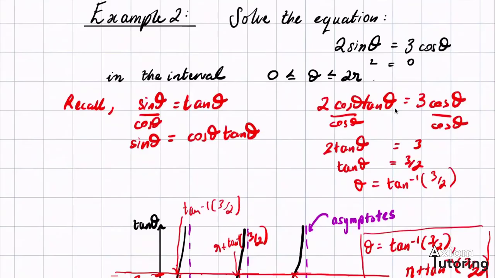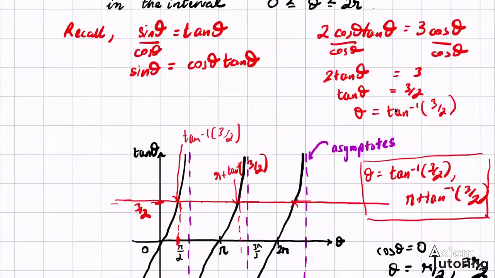Those aren't equal, so that doesn't satisfy our equation. And the same thing happens for theta as 3 pi over 2. Sine of 3 pi over 2 is minus 1, so the left-hand side is minus 2. The right-hand side is 0. They are not equal, so again, that does not satisfy our equation.